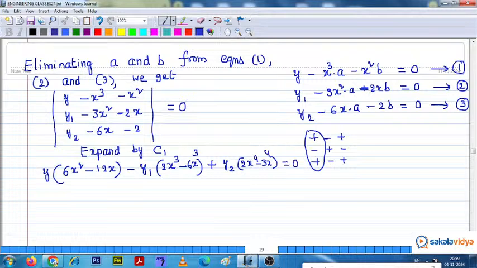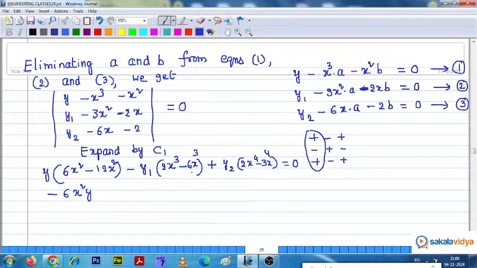So let us simplify this now. Here you get 6x square y minus 12x square y, which is negative 6x square y.